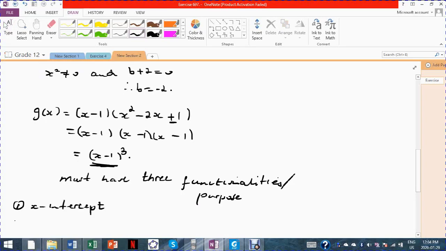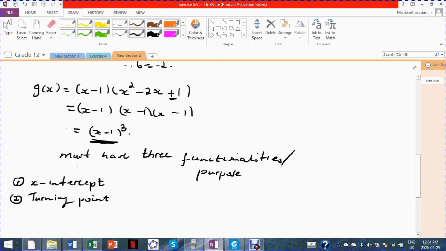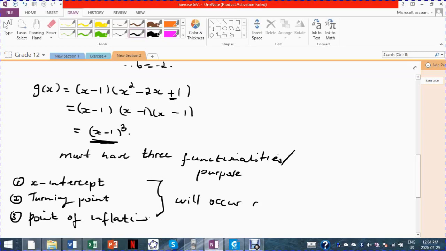Number 2 will be the stationary point or turning point. In this case only one turning point. And thirdly, it will be the point of inflection. All this will occur at one point, at x equals 1.